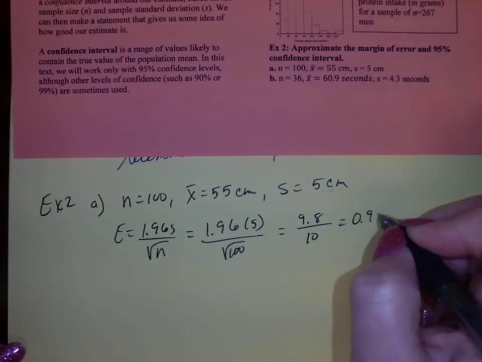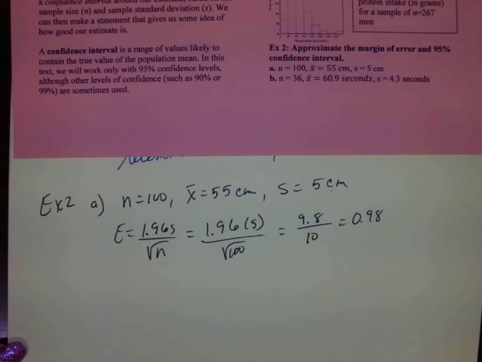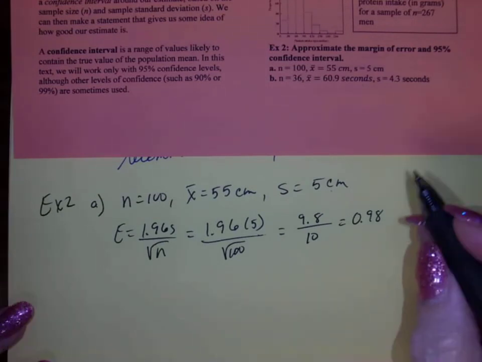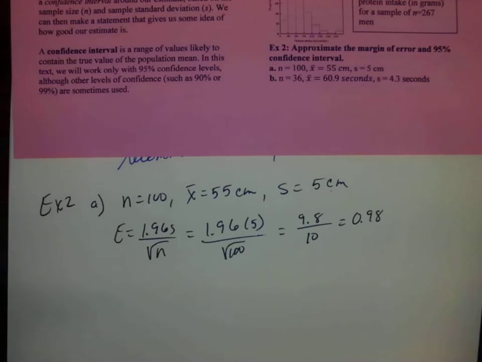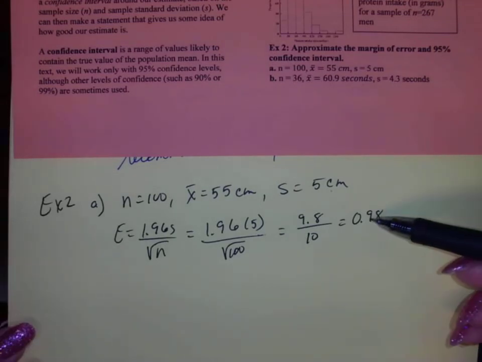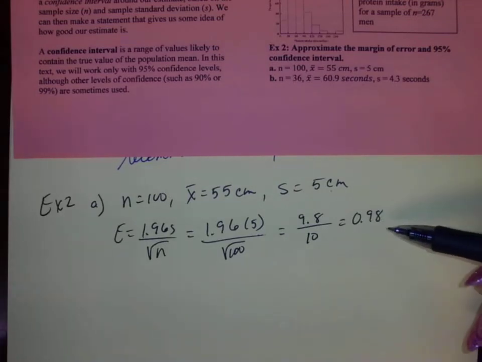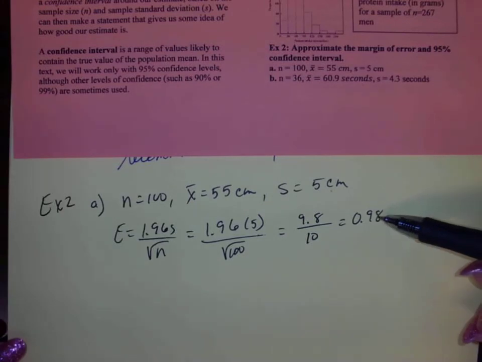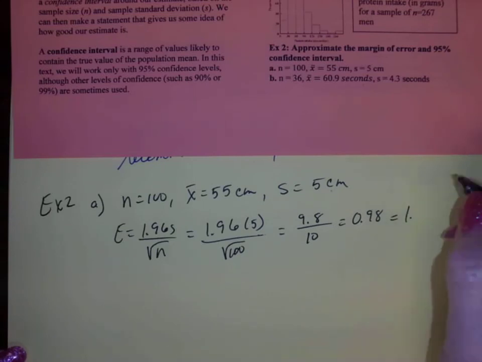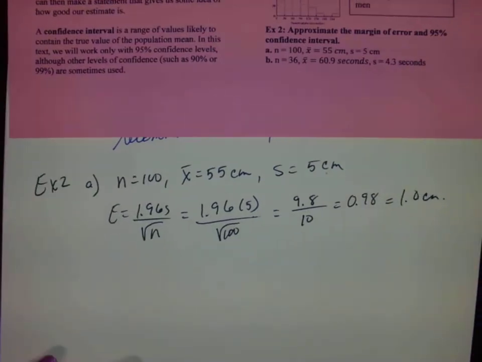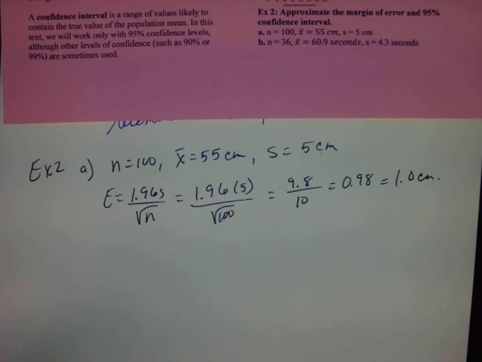So 0.98 would be our error. If we wanted to round that to 1 decimal place, that's what we did our last one at, the 8 will cause the 9 to round, and this will become 1.0 centimeters. It'll make our math a little bit easier than adding and subtracting 0.98.